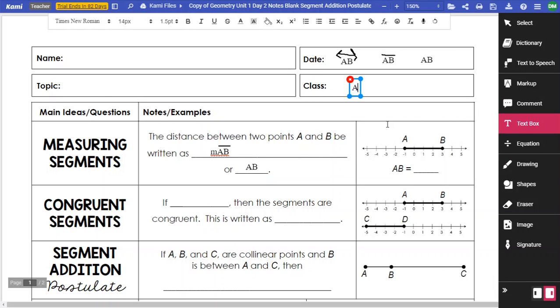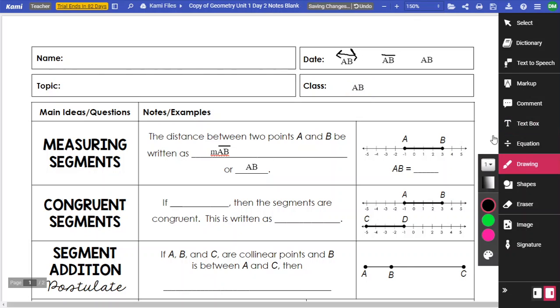We could have AB as a ray, and a ray is an object that is infinite in one direction. So this ray right here would have an endpoint at A, and then it would go on forever in the direction of B. We haven't seen any of those yet, but while I'm here looking at symbols, we may as well throw it out.